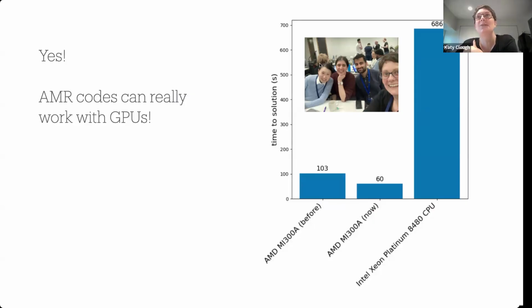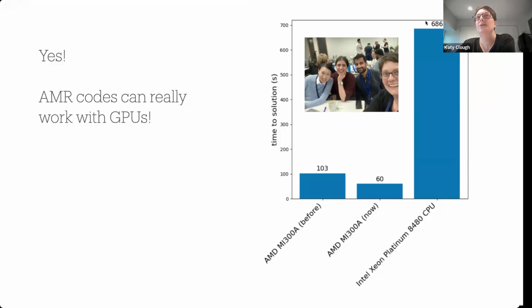So this was a picture from a recent hackathon that we went to. This is Juliana, Erica, Miriam, and me. We were a team trying to optimize our code for the AMD GPUs.